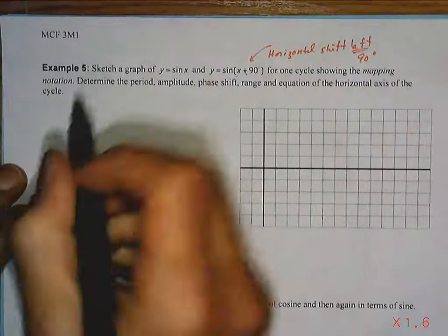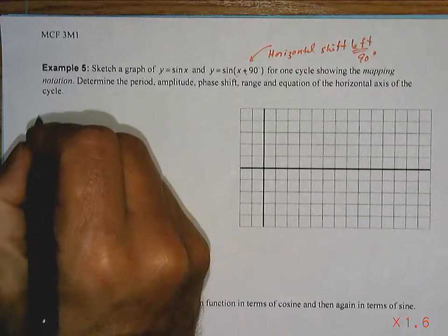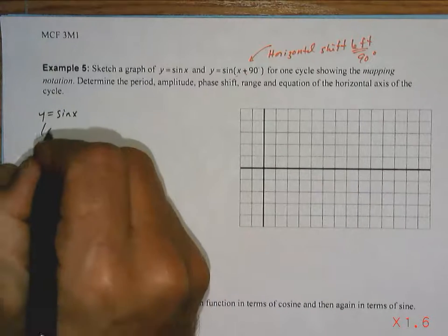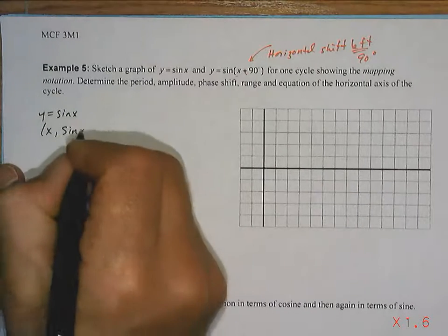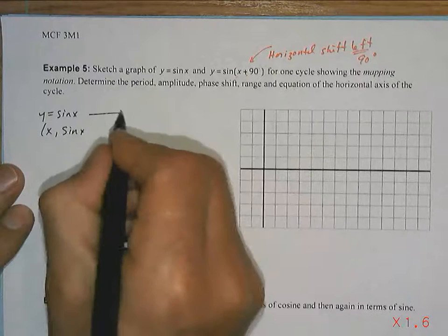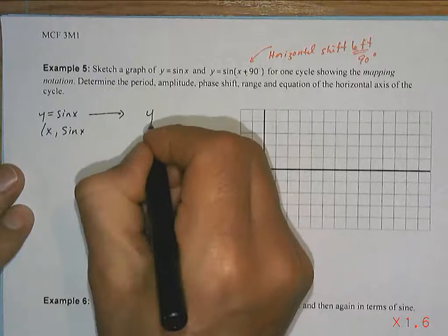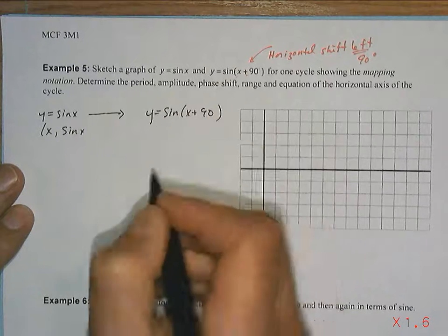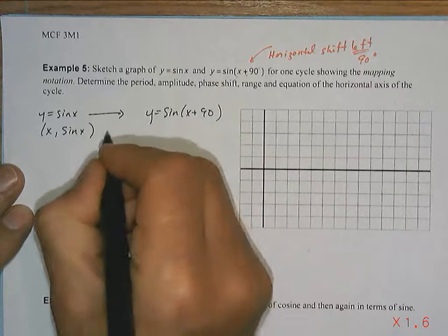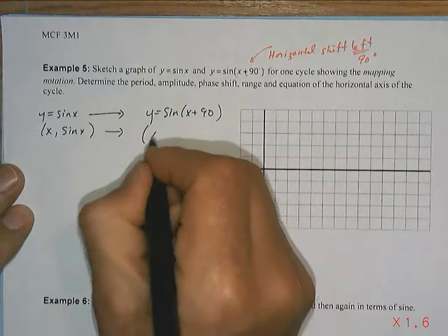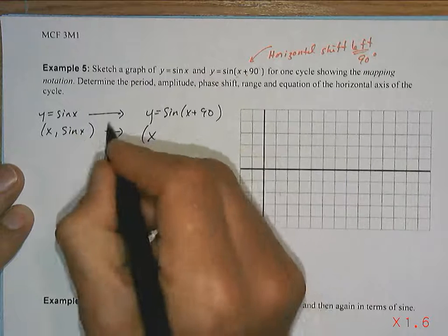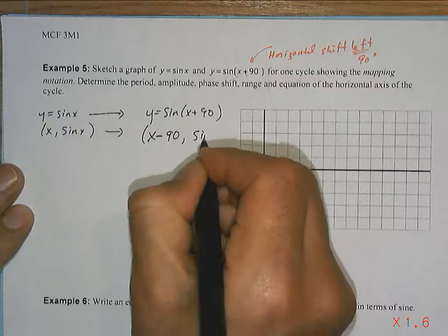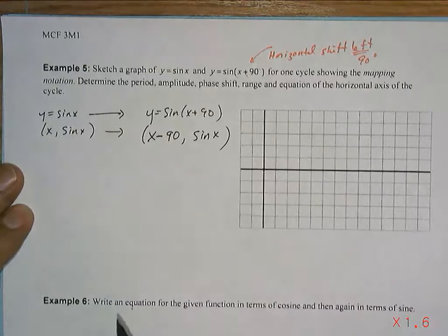Let's try to do it using the mapping notation. So y equals sine x is going to be x comma sine x. And our new function is going to be y equals sine of x plus 90. So what happens is the x values are moved to the left. So x minus 90, sine x.